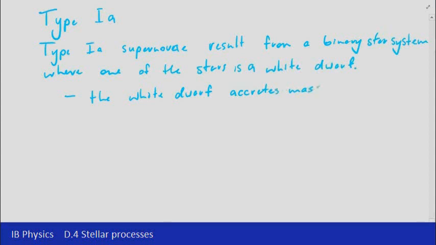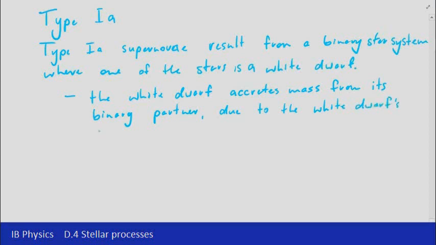So it accretes mass from its binary partner. Some of the mass from the other star is dragged into the white dwarf, and as I said earlier, that's due to the white dwarf's strong gravitational pull, which is a result of its high density.